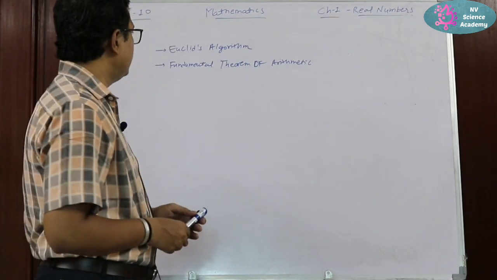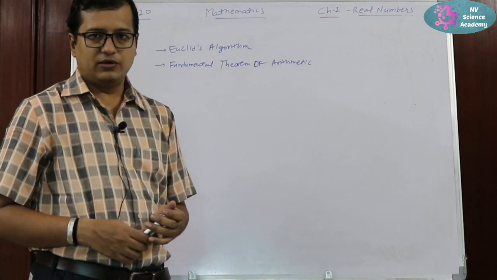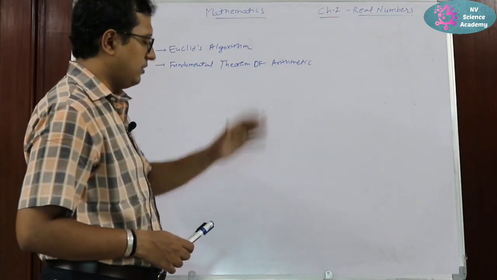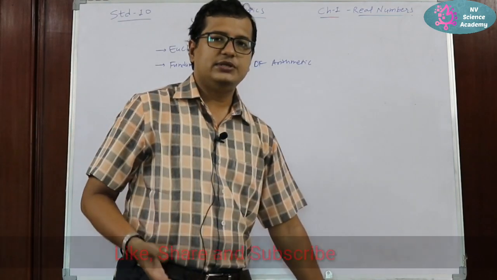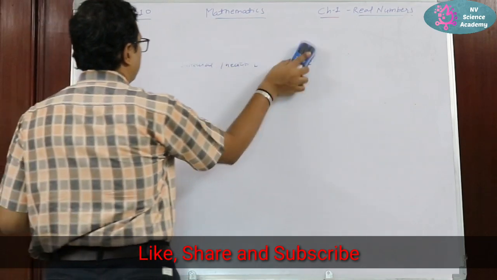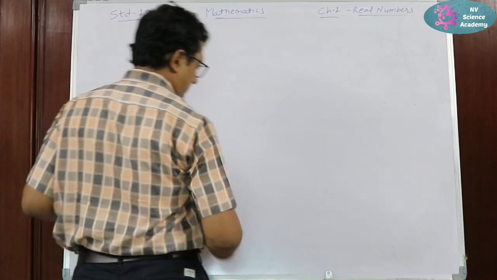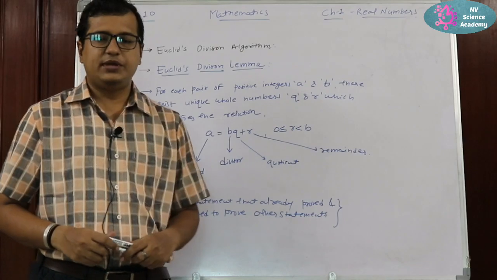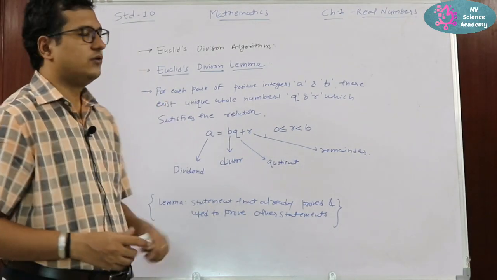We are going to see first Euclid's algorithm, then the fundamental theorem of arithmetic, and then we will see the examples given in the book. Let us begin with Euclid's division algorithm.